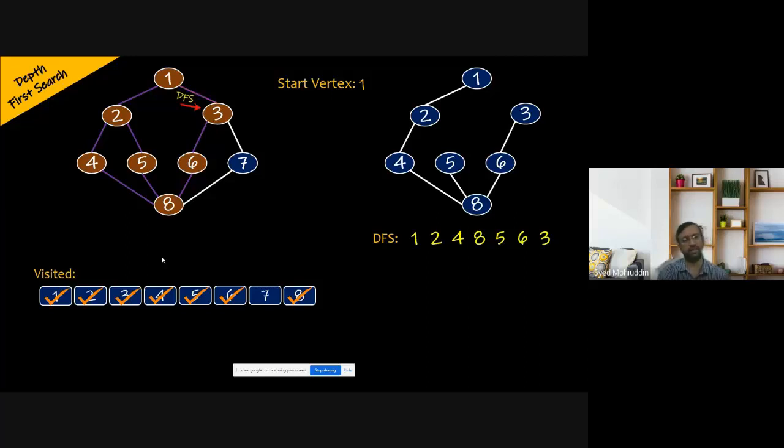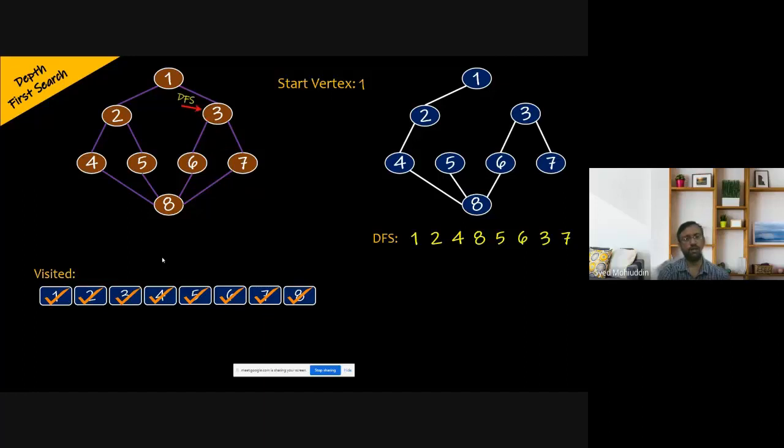Then the next is vertex 6, which is also marked as visited, so we don't visit it. The only thing left is vertex 7. So we visit vertex 7 and mark it as visited. From vertex 7, we can move to vertex 8 because the edge is available, but that vertex is already visited, so we don't proceed further.